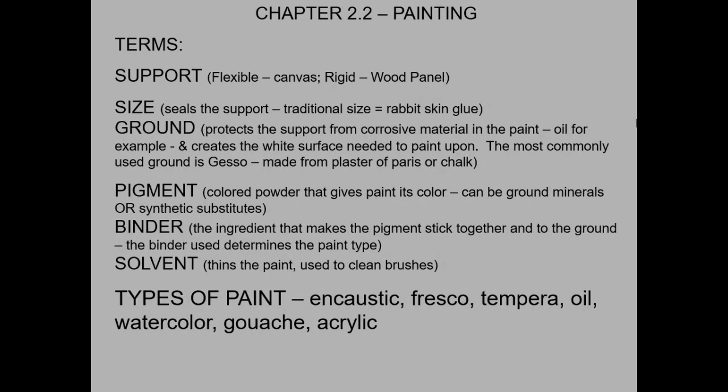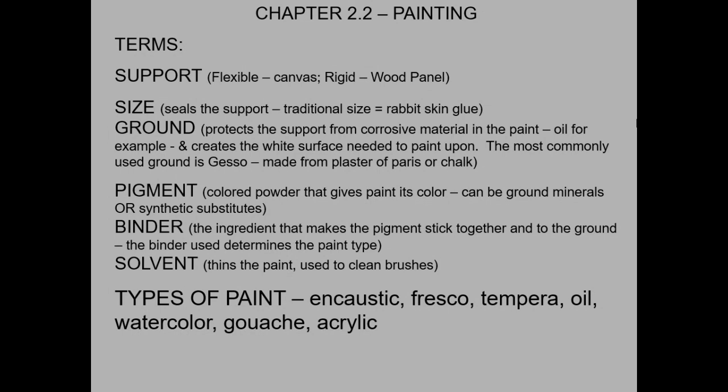If you apply a bright color onto plain brown wood, the color won't be as bright as if it were applied on top of a piece of wood that had been painted white first. So the ground really acts as not only another barrier of protection, but it also is vital that it creates that brilliant white surface to paint on. The most commonly used ground is called gesso, traditionally made from plaster and chalk.